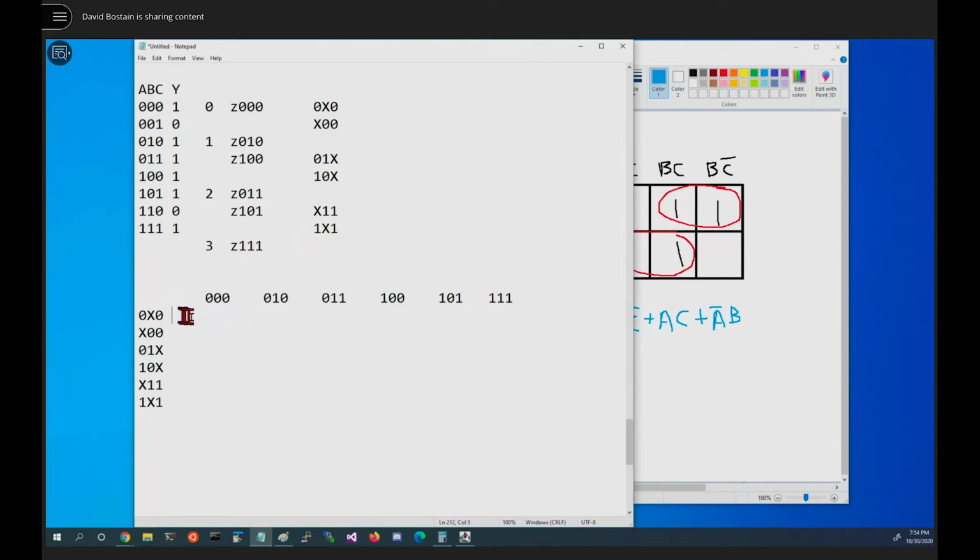Let's see if I can do this in a scientific way. Okay, this guy covers anything that starts and ends with a 0, which would be him. That's it. This guy covers anybody that ends in 2 zeros. That's him and him.